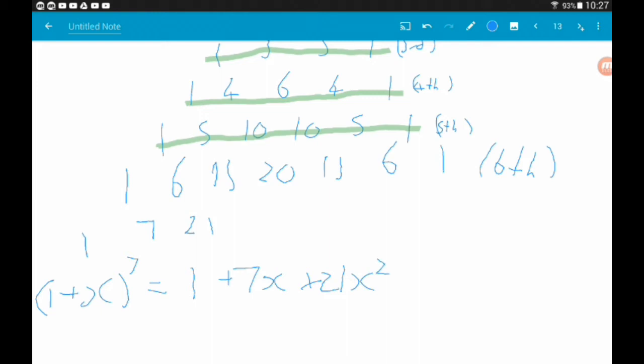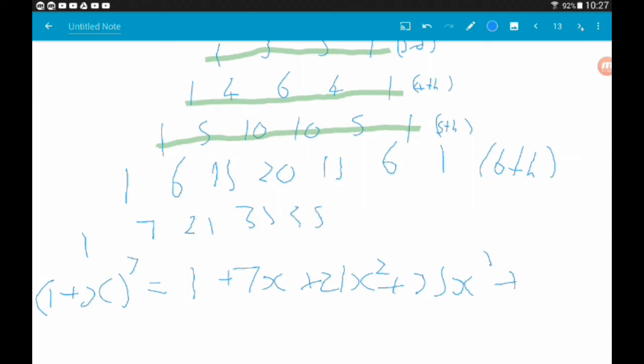Then we're going to have 15 plus 20, which is 35, so 35x cubed. And then again now we've reached the middle. So 20 add 15 again, it's 35.